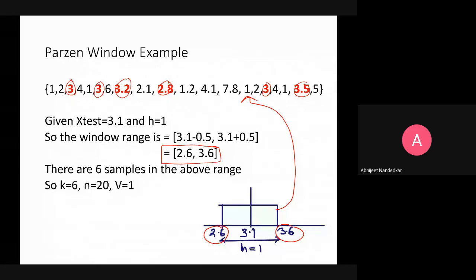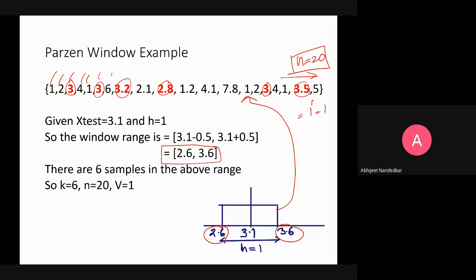There are 20 samples. You can just count how many there are: 1, 2, 3, 4, 5, 6, and so on. So n here is 20. The volume is 1 here, since I have only h equal to 1, and that too in 1 dimension, so 1 to the power 1 is equal to 1.